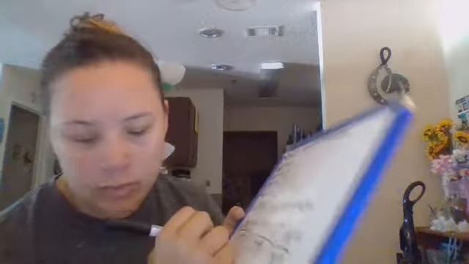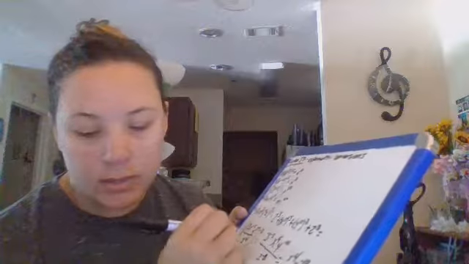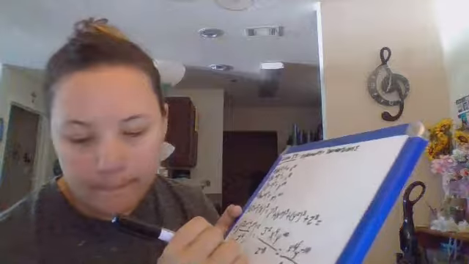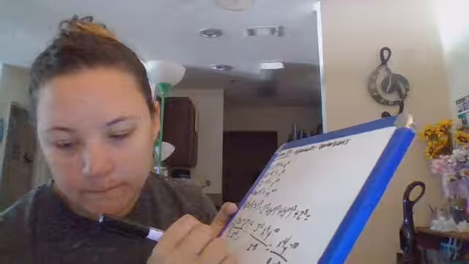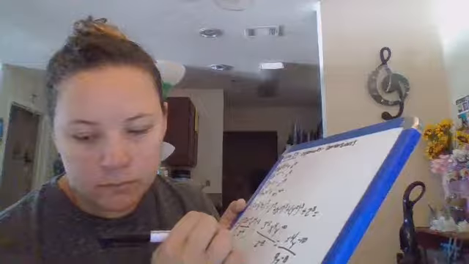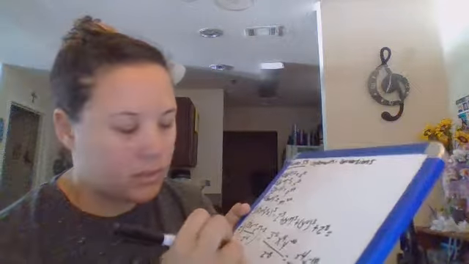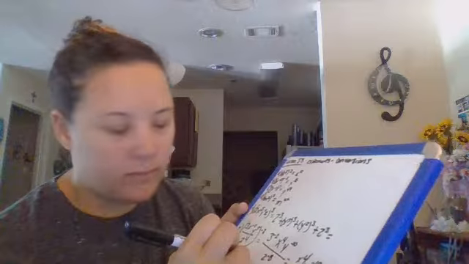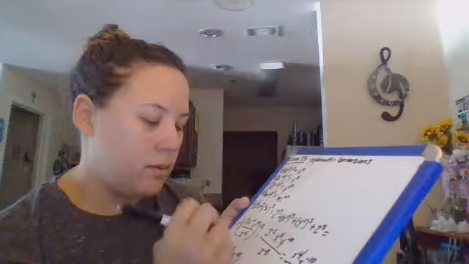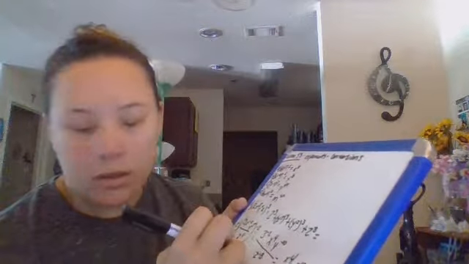All right, and we're going to do one more. 2a to the negative 2 b squared z to the negative 10, all raised to the power of negative 5.